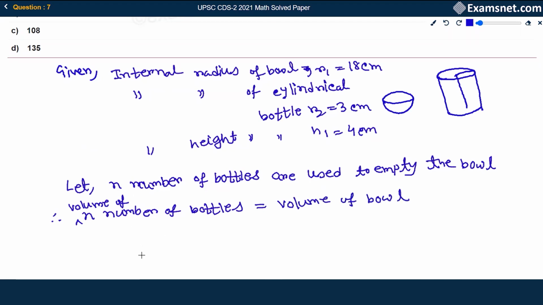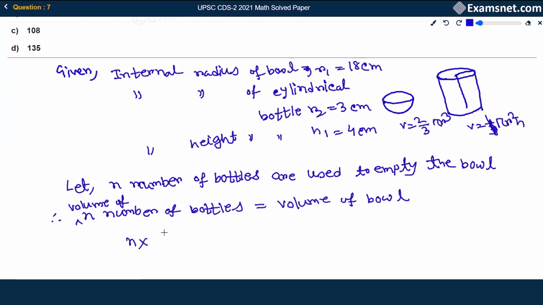Now, what is the volume of one cylinder? That is pi r square h. And here the volume of the hemisphere is 2/3 pi r cube. So we are going to use the formula.